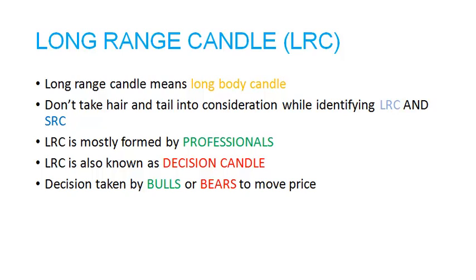Because for an LRC to be formed, there has to be a consistent buying into that particular stock or into that particular market. And for consistent buying to come into place, there has to be a large amount of money. I'm going to talk only about a green colored LRC, or a bullish LRC.